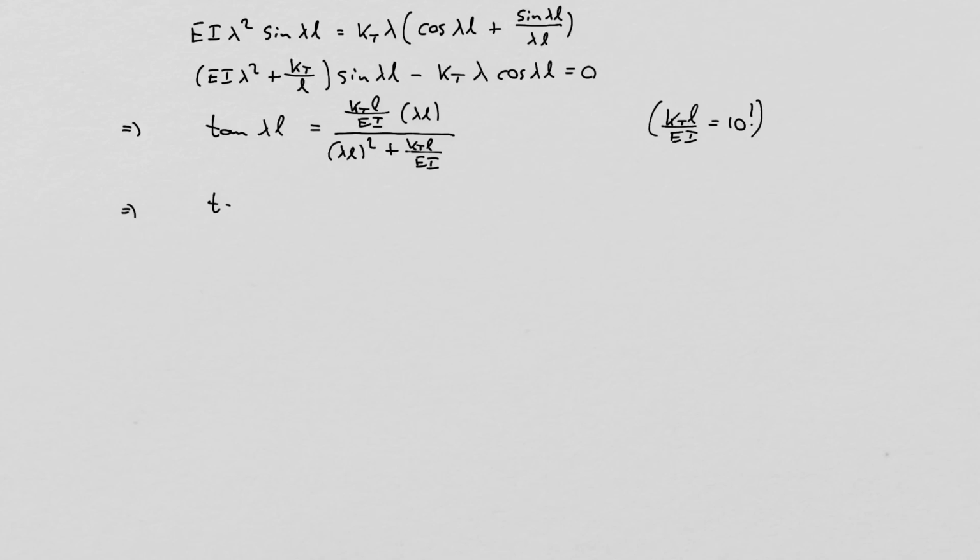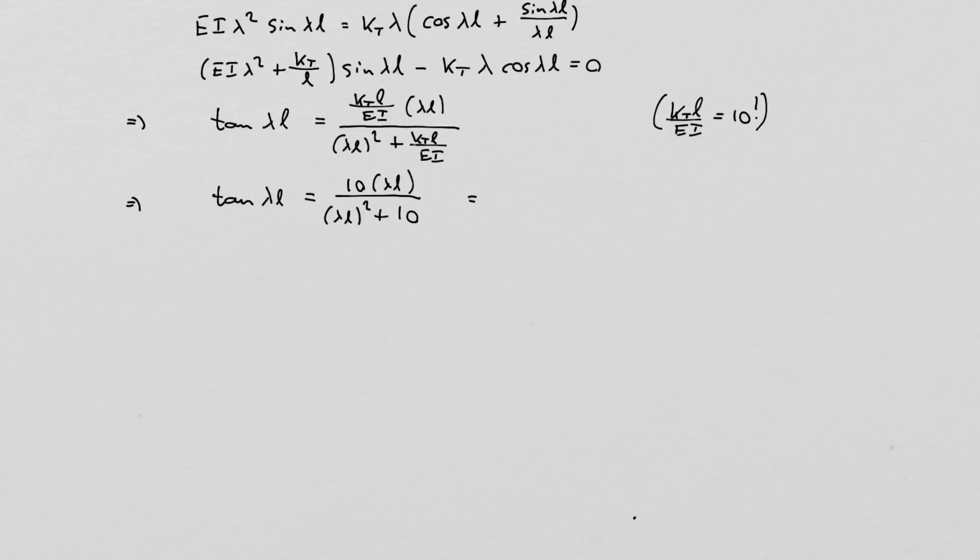So this means that we can write it as 10 times lambda L squared plus 10. Now this is, of course, again a complicated, nonlinear equation in the factor lambda L, and we need to solve that using some kind of software or a pocket calculator.